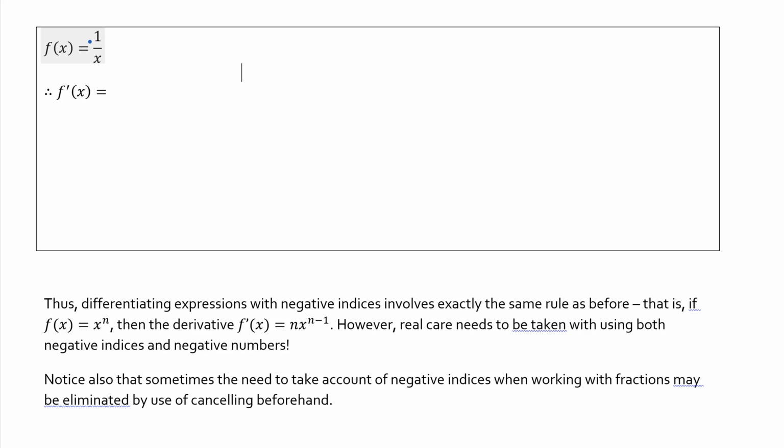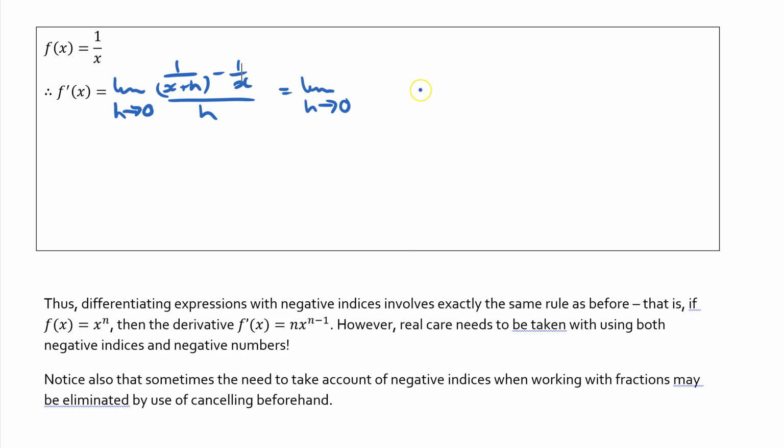So let's go from first principles. f dash of x will be the limit as h tends to 0 of f of x plus h, which is 1 on x plus h, minus f of x, over h. And if we then do what algebra suggests, we get a common denominator for these two fractions up the top.